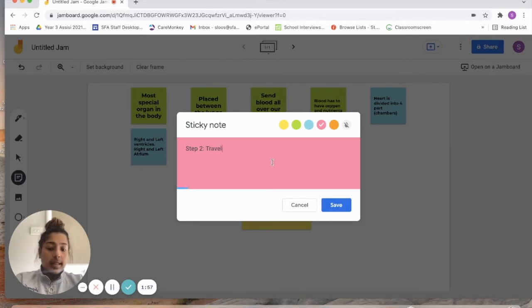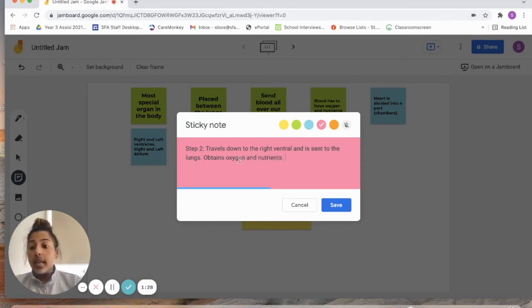Step 2. It travels down to the right ventricle and is sent to the lungs. And when it's in the lungs, it obtains oxygen and nutrients, because remember, that's how our blood is pumped around the body. Only oxygenated blood gets pumped around the body.